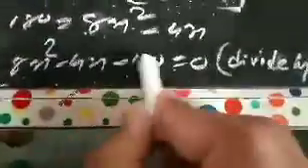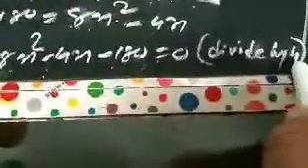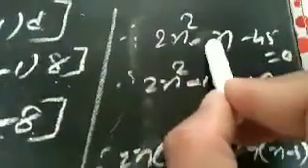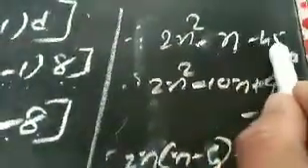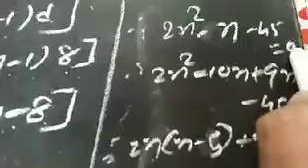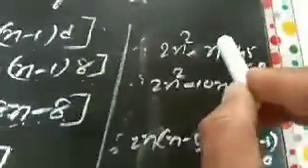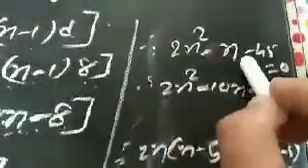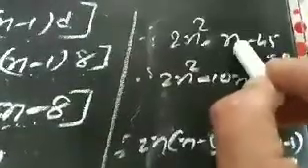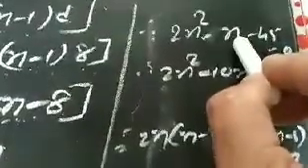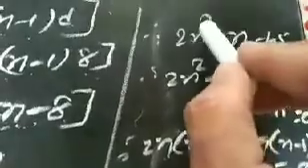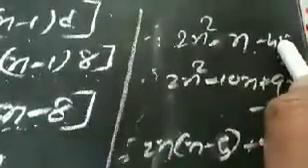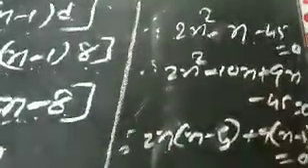Now we divide this equation by 4, so we get 2n square minus n minus 45 is equal to 0. After that, by factorization we get the n value. Here 2 multiplied by 45 is equal to 90.